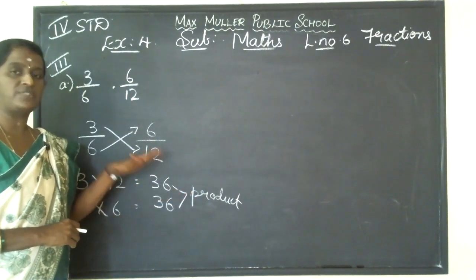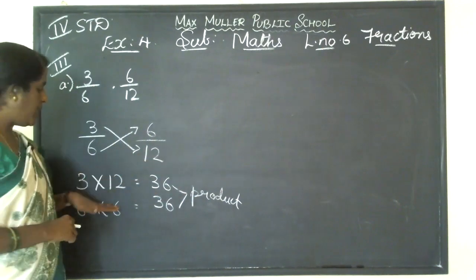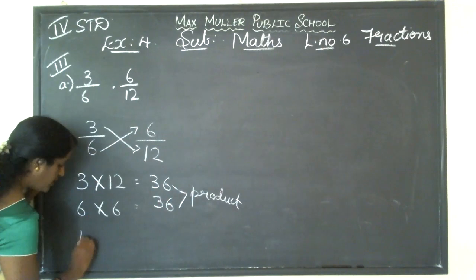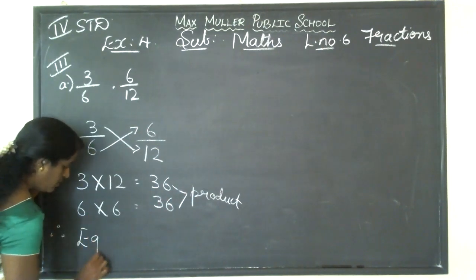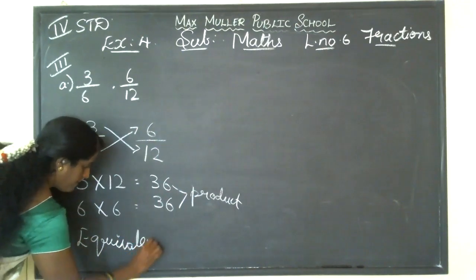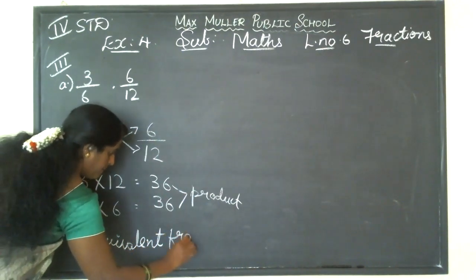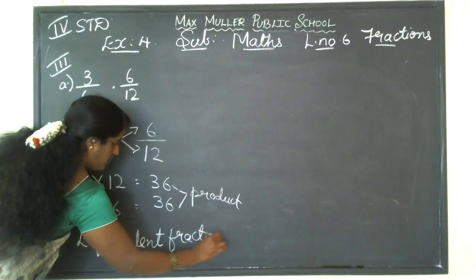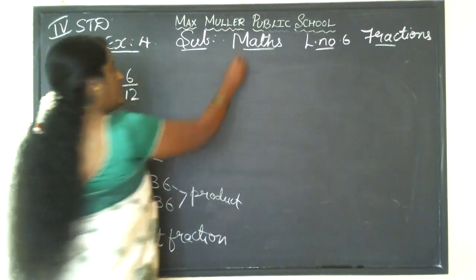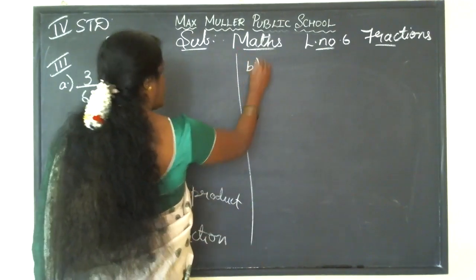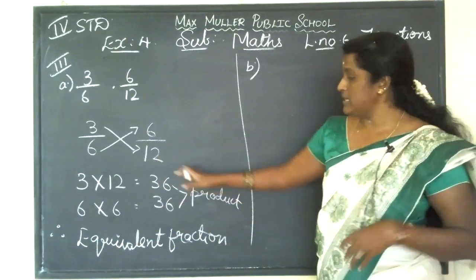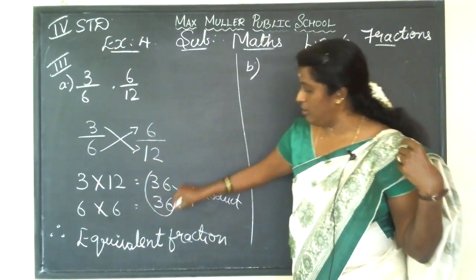Therefore the two fractions 3 by 6 and 6 by 12 are equivalent fractions. We'll go for the second sum, B. See, the product in both the cases is the same.